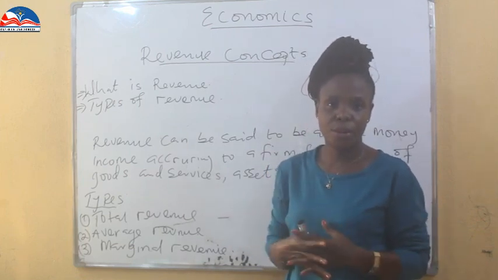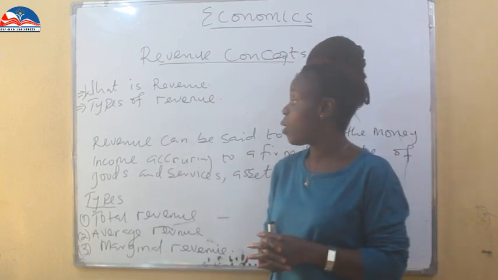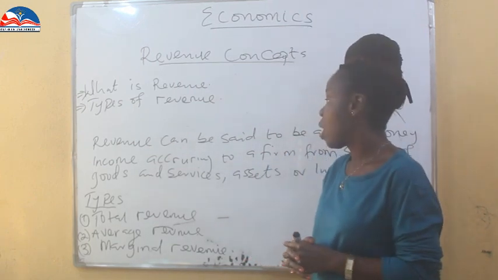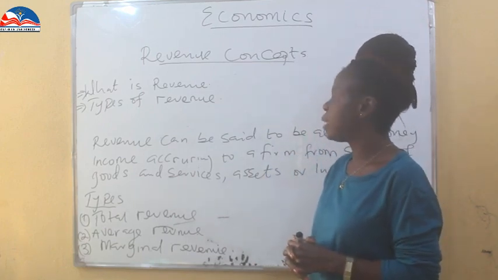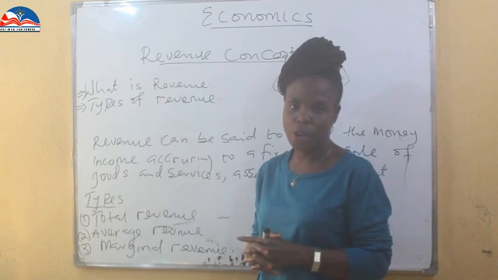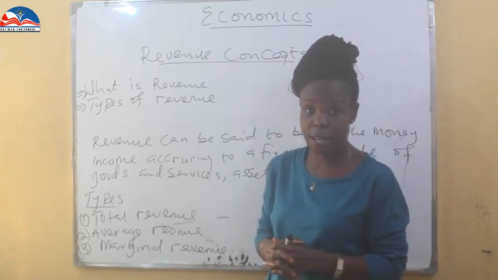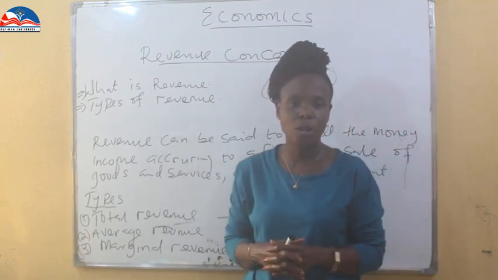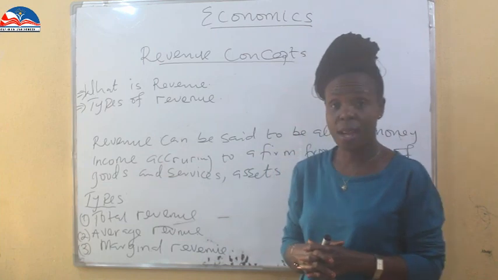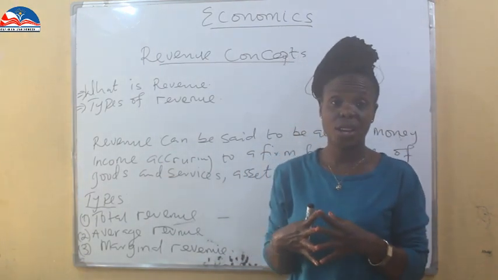When you talk about revenue, always remember that it is the money or income accruing to a firm or a business over time, gotten because of the goods and services they have provided. This accrued money can be used to purchase assets, and to carry out other investments.